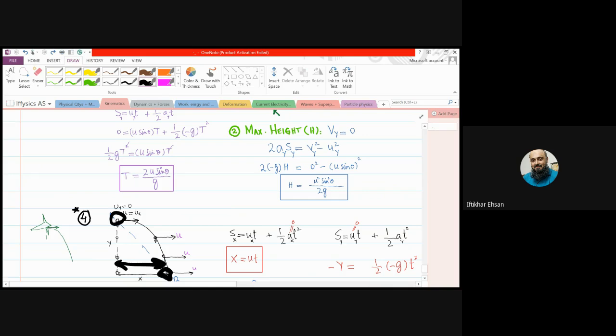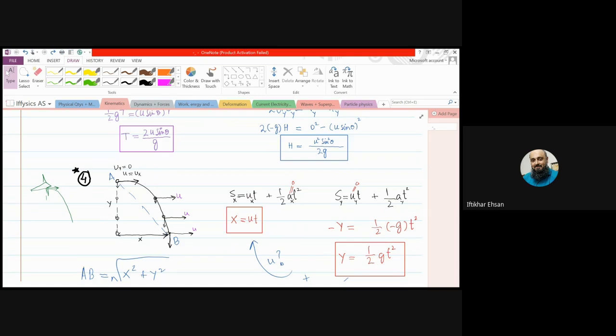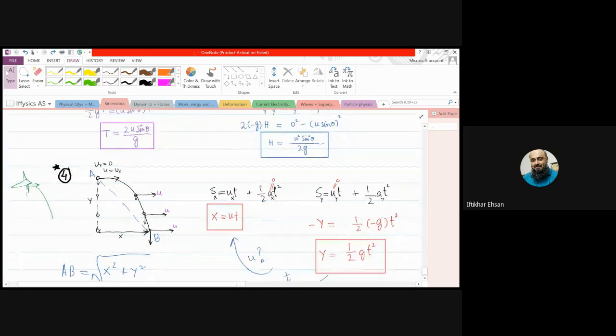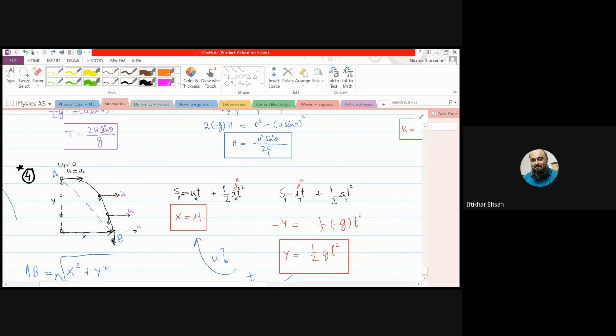We are going to derive the formula for both of them. We will derive the formulas, but later on we have to use the formulas directly. These will be very important. So what is that? The horizontal distance is x, vertical distance is y.